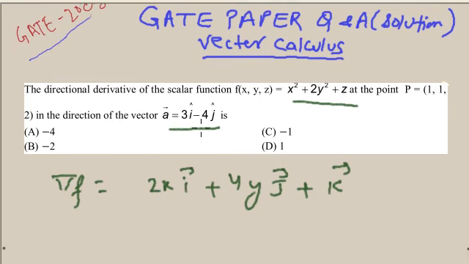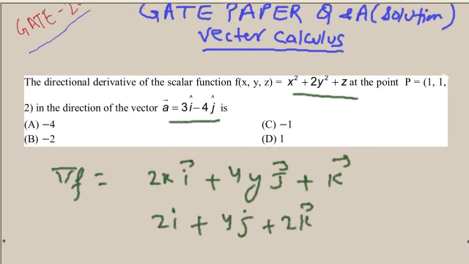So this is del f, and the direction is given. What you need to do is first take the dot product of this and this. So at the point (1,1,1), del f is 2i plus 4j plus 2k.